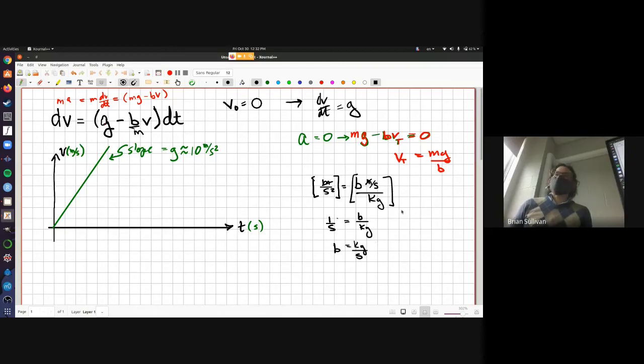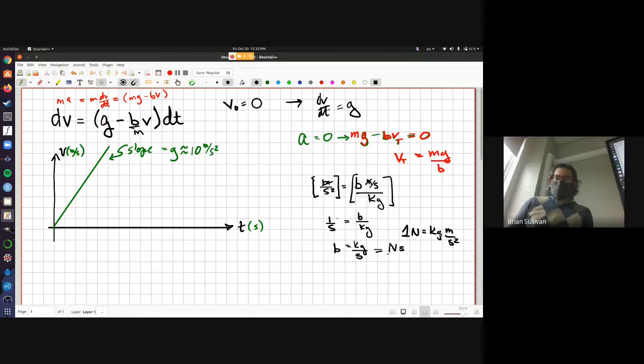You agree? What is a Newton, by the way? Kilogram meter per second squared. So could I relate this to newtons? I'd like to do that since it is a drag force coefficient. A kilogram and a second are accounted for already. So this is the same as a Newton second per meter.